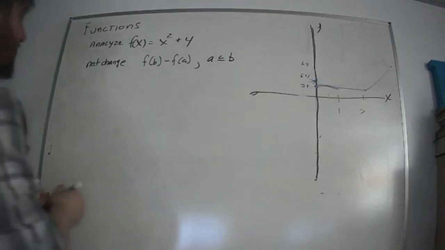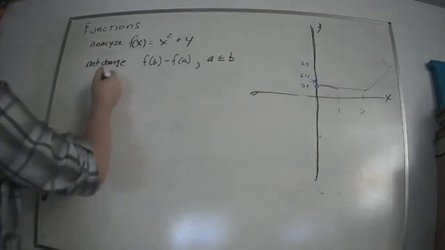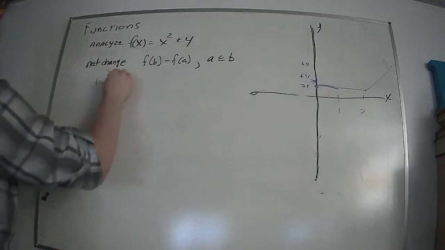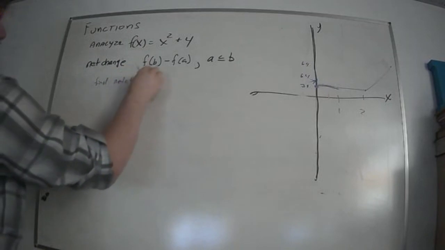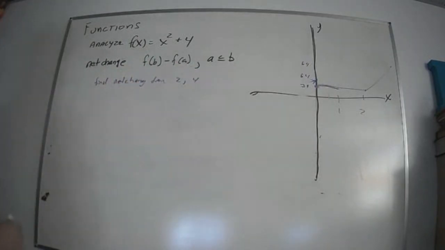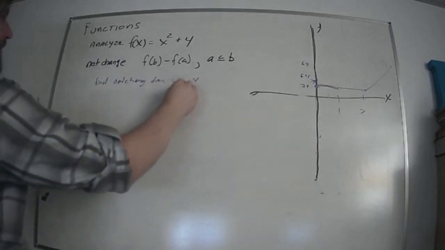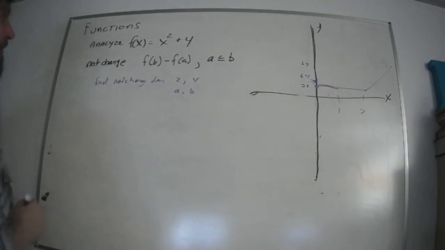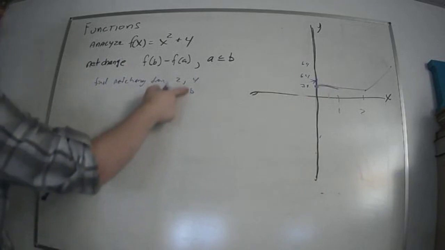And an example of that is if I were to say, find the net change from 2 to 4. This is A, this is B. So I would evaluate f of B minus f of A. So let's put that in.